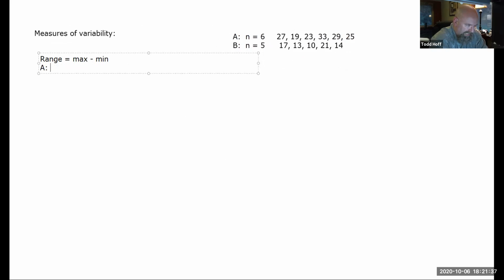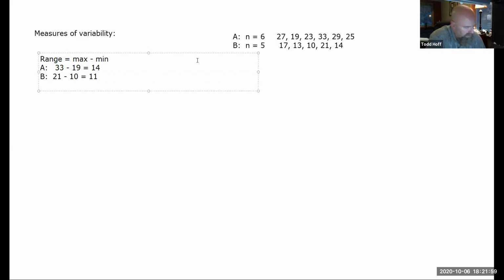So for set A, the largest number is 33, minus the smallest number of 19. That gives us a range of 14. For B, the largest number of 21, minus the smallest number of 10 gives us a range of 11.